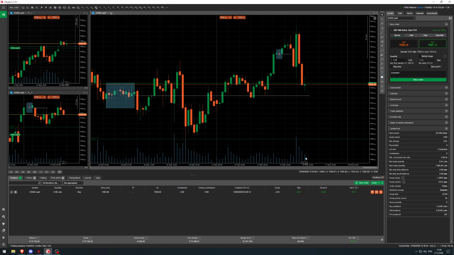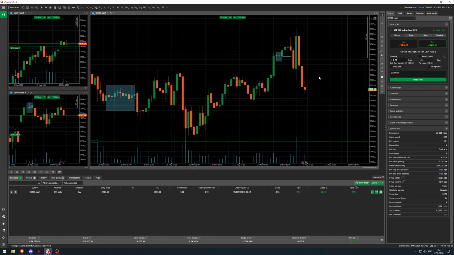This volume is growing very fast. We are barely 7 minutes in and it's already reached almost 80% of the previous one. So buyers are sitting here struggling to create any candle body. So all of the sellers are being absorbed by the look of it.